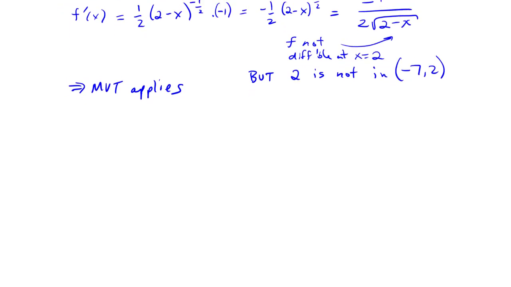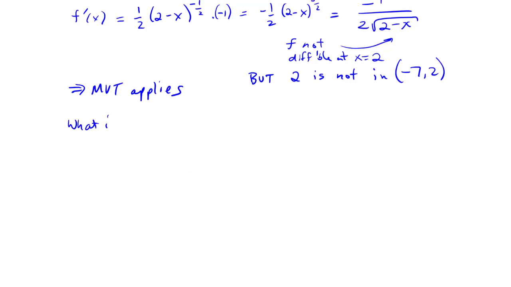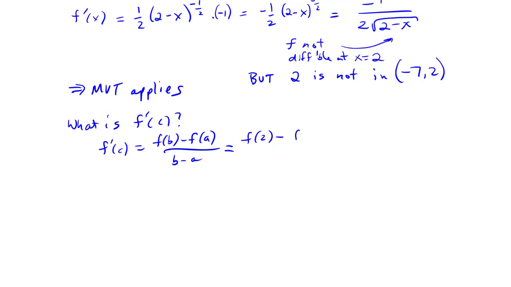Now that we have that, we know MVT applies, and so I'm going to ask, what is this guaranteed value of the derivative? Well, it's just f of b minus f of a over b minus a. So f of 2 minus f of -7 over 2 minus -7. Now remember, f of x is the square root of 2 minus x.